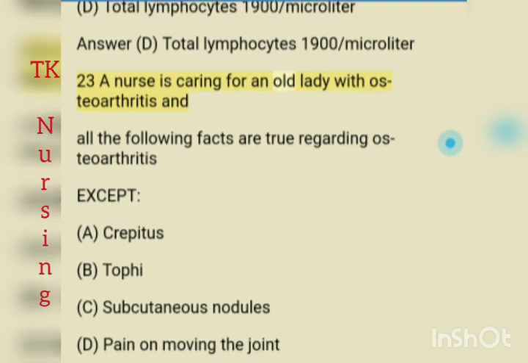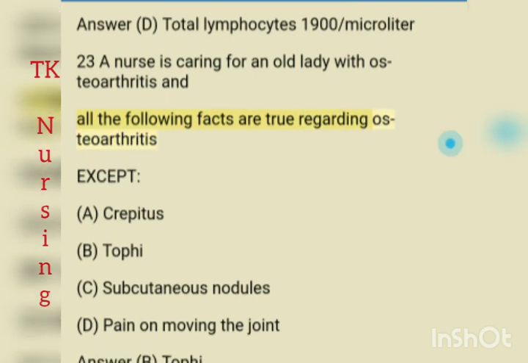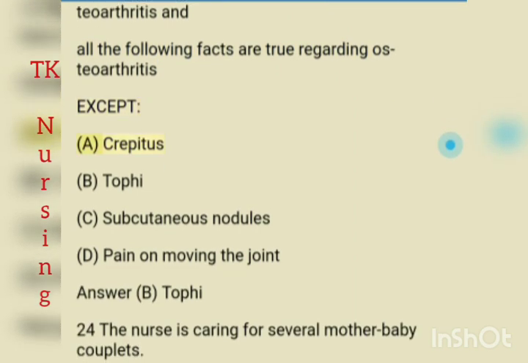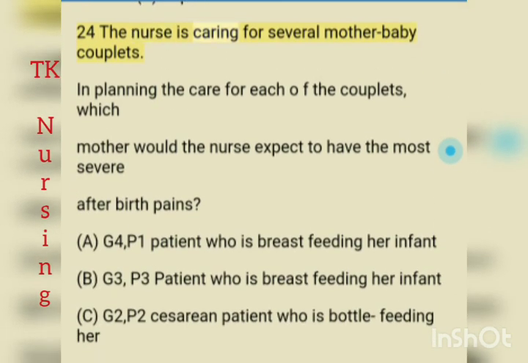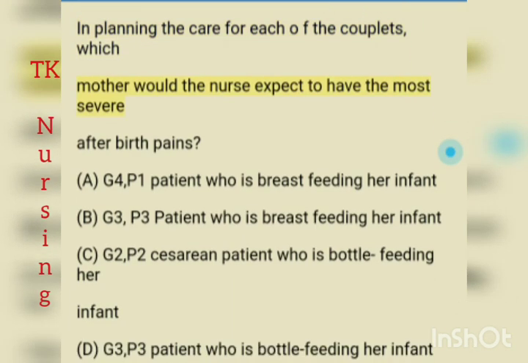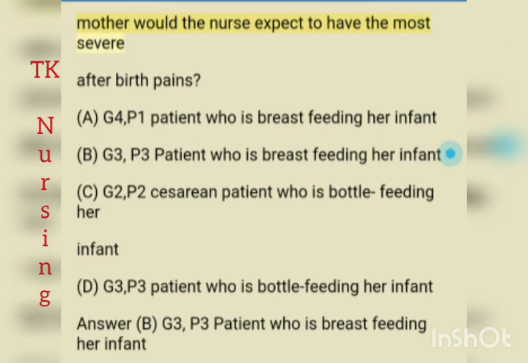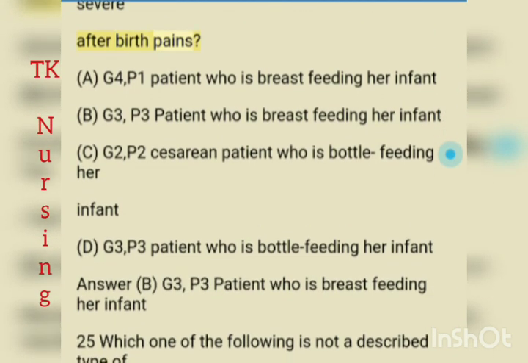23. A nurse is caring for an old lady with osteoarthritis. All the following facts are true regarding osteoarthritis except A. Crepitus. B. Tophi. C. Subcutaneous nodules. D. Pain on moving the joint. Answer B. Tophi. 24. The nurse is caring for several mother-baby couplets. In planning the care for each of the couplets, which mother would the nurse expect to have the most severe after birth pains?